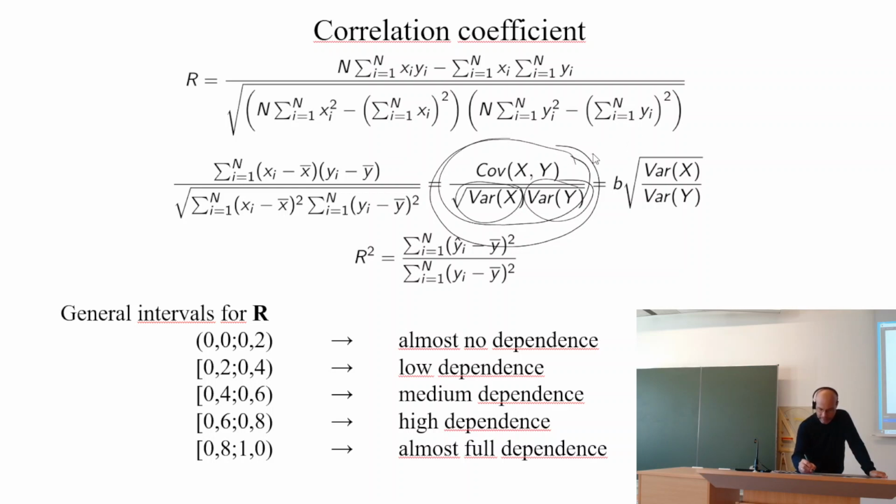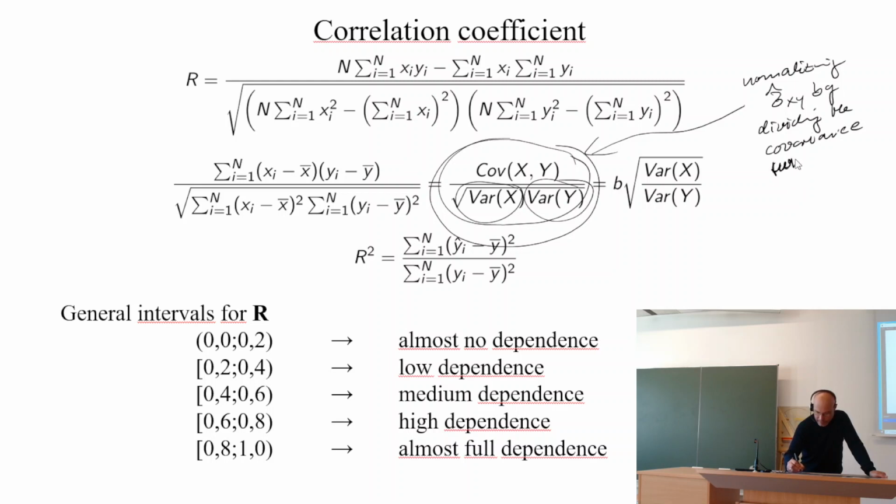So, normalizing the covariance by dividing the covariance with the standard deviations of x and y.